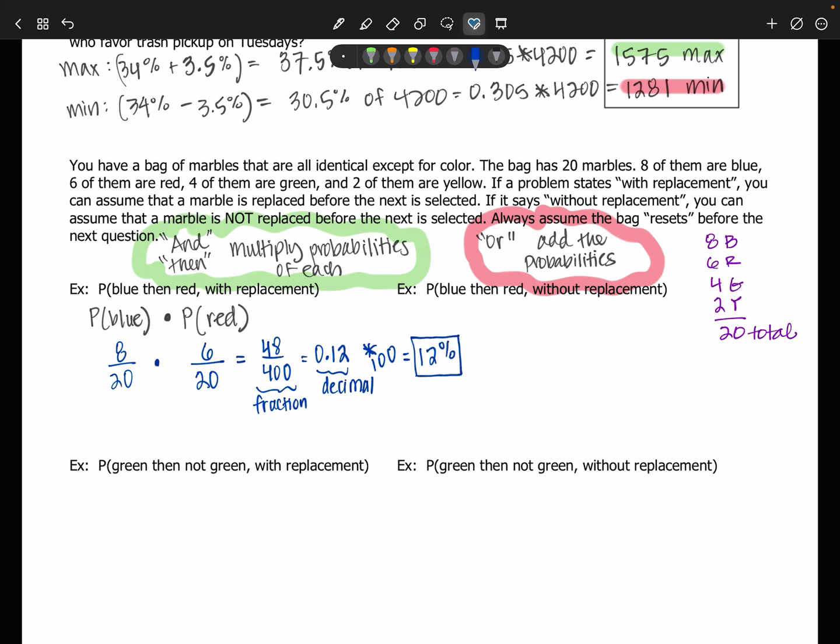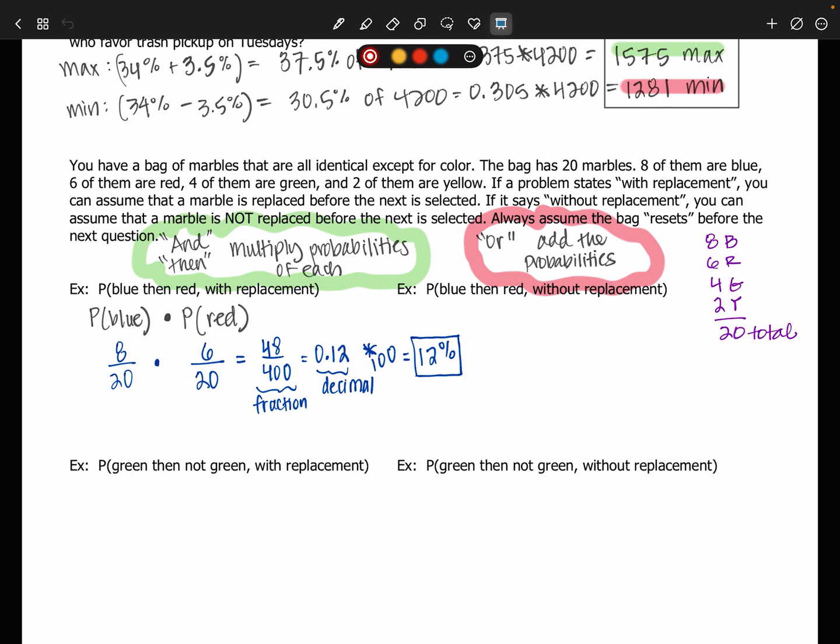So depending how they want the answer is how far you're going to go from your fraction to your decimal to your percentage. So I start with the fraction. I put it in my calculator and actually do the division to get the decimal, and then I multiply by 100 to get the percentage. And we're going to go all the way through to the percentage on each one of these problems, just knowing that on a test, it may stop a bit earlier.